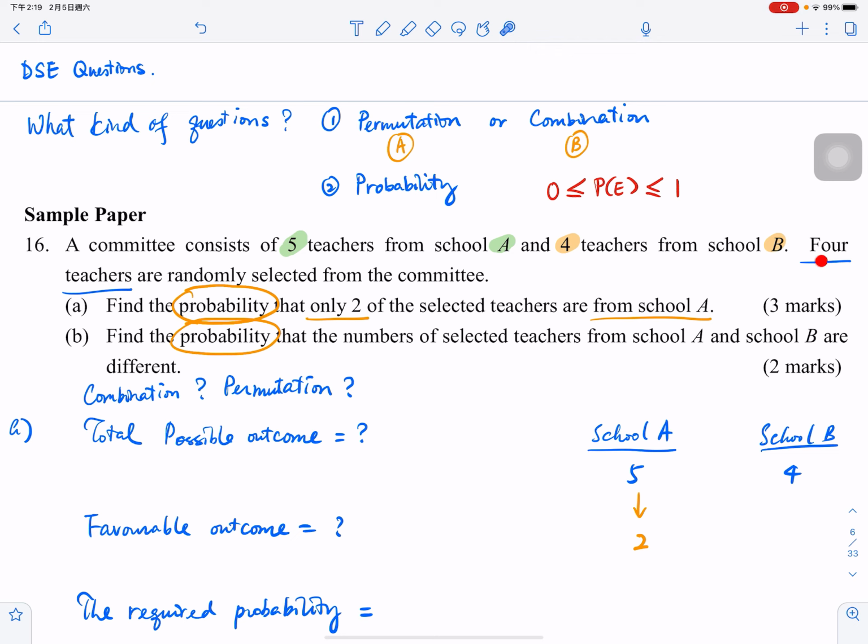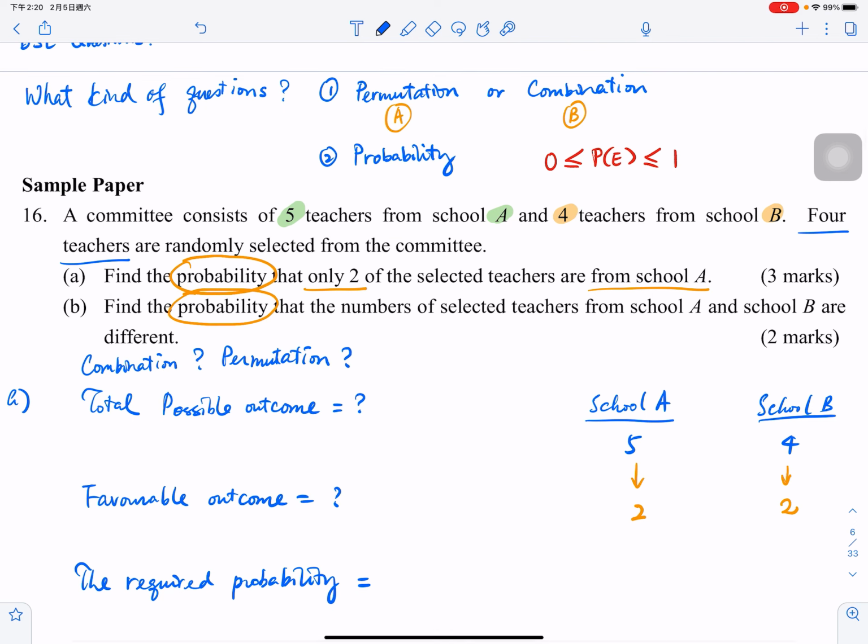And in total, you need 4. So from school B, you also need to choose 2 of them. That means from 4 of them to choose 2. So according to this condition, we can think of the favorable outcomes like this.